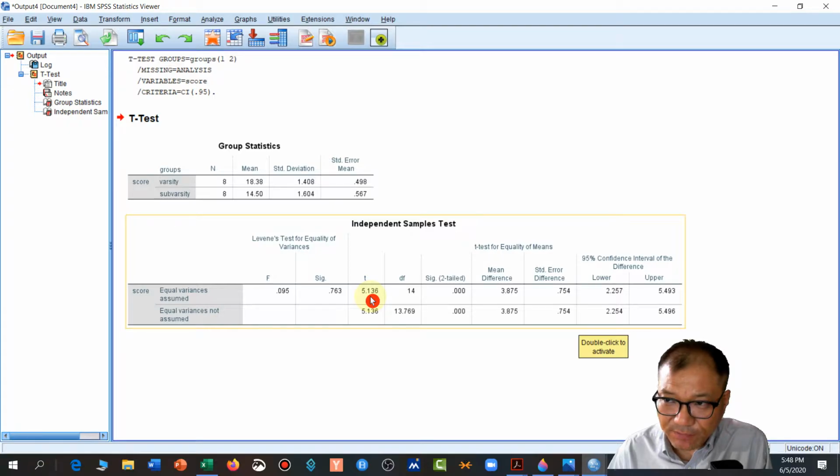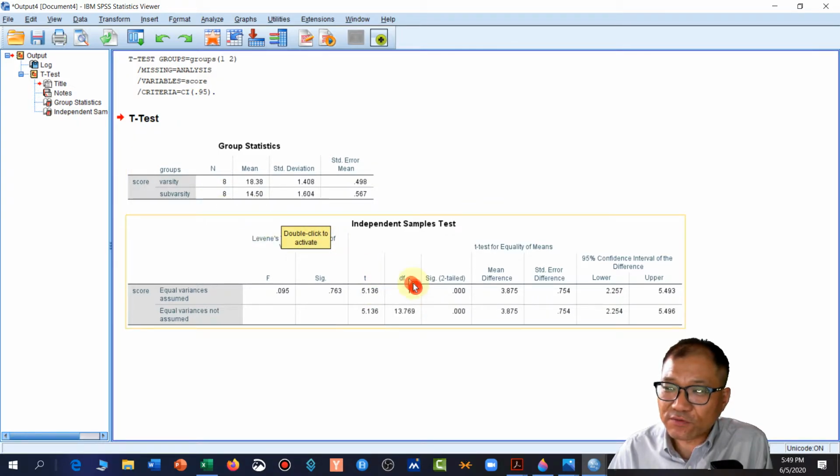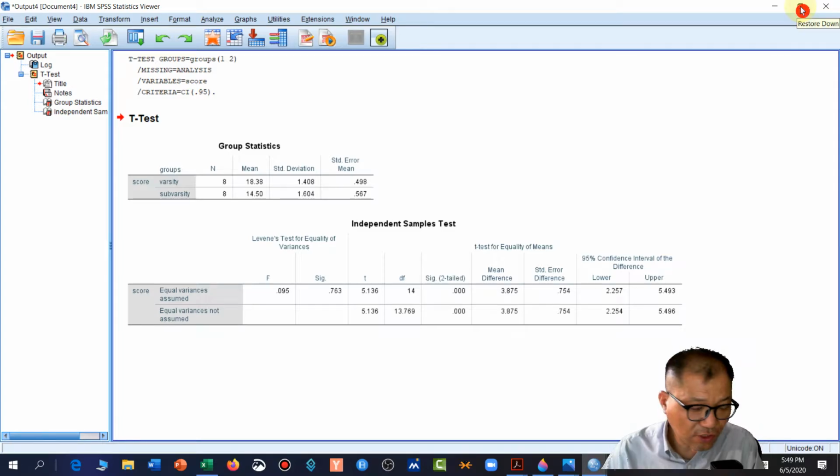So you don't need to calculate step 1, the mean and standard deviation for the standard error of the mean, and step number 2, the standard error of the distance. And the t-score is automatically calculated for you. The t-score is 5.136. Remember, 5.136.